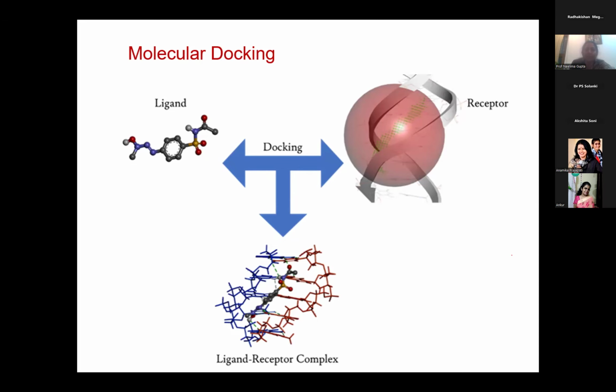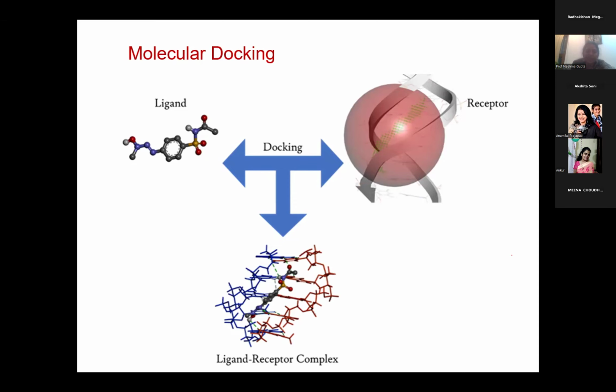For those participants, you may see molecular docking as a process which fits your ligand in the receptor with the help of a computational tool to have a certain stable structure.